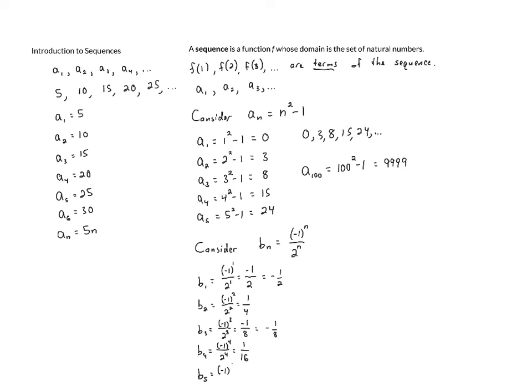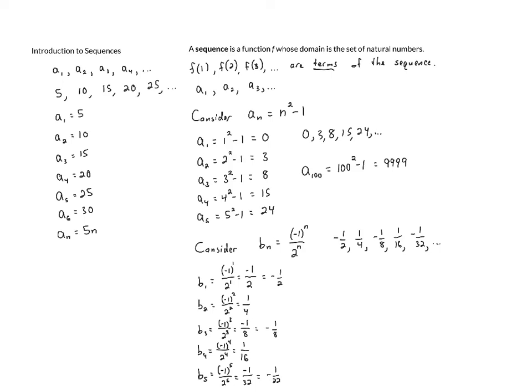We've got (-1) to the fifth over 2 to the fifth. A negative to an odd power is negative, so we've got -1 over 32, or -1/32. So if we were to write out the terms of this sequence, we would have -1/2, +1/4, -1/8, +1/16, -1/32, and so on and so forth.